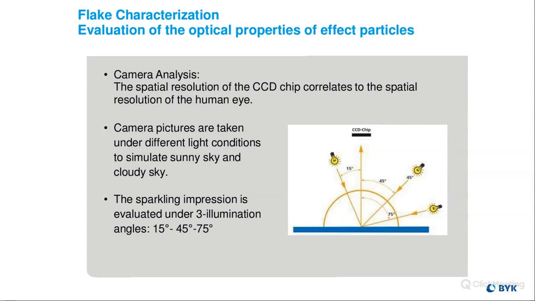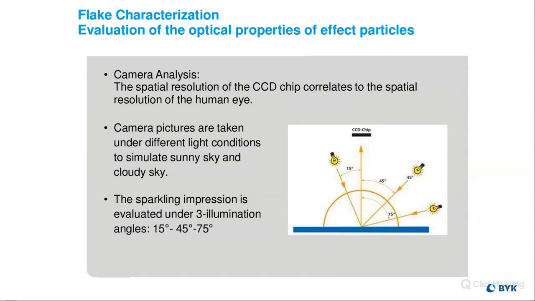So for flake characterization, this is what one of our instruments does. You have the camera analysis, and it uses a chip to correlate to the human eye. Essentially you have an illuminant that changes different angles, and that'll give you how the flake lays on the surface.